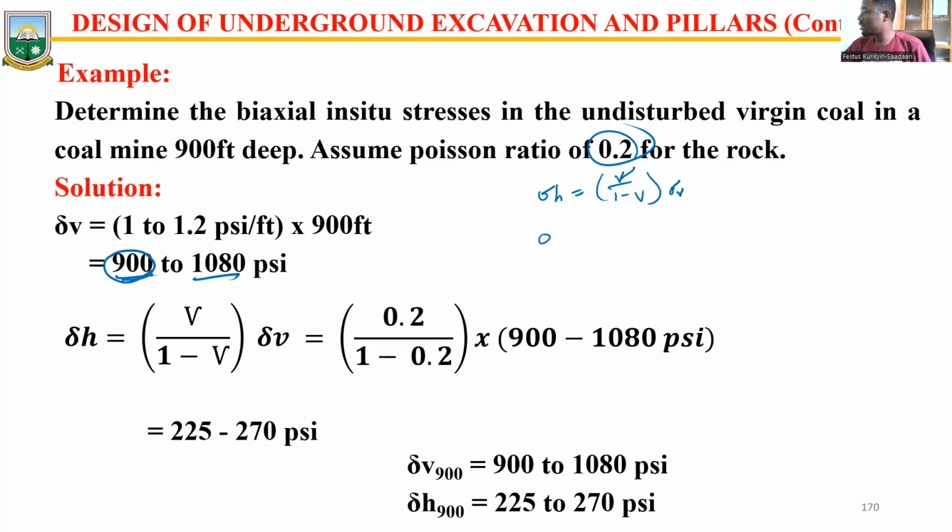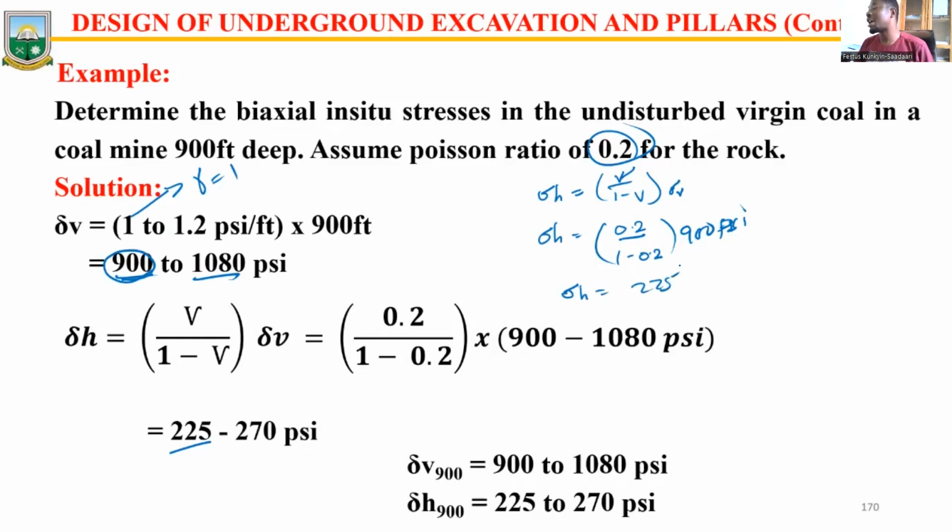So we have sigma H is equal to 0.2 on 1 minus 0.2 times the 900 feet, which corresponds to the gamma of 1, 900 pounds per square inch. And what will be the value? This is it. So you have sigma H is equal to 225. If you have a calculator, you can punch it and see if the values I've written there are correct.